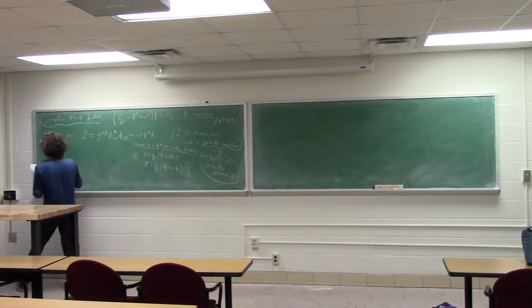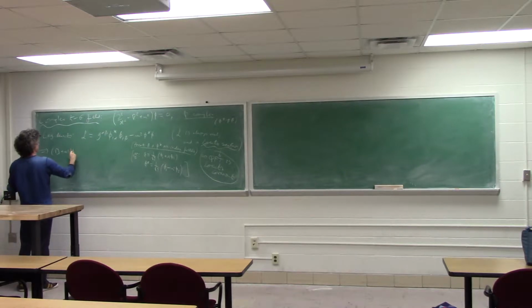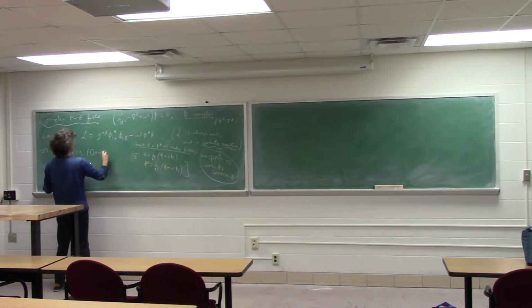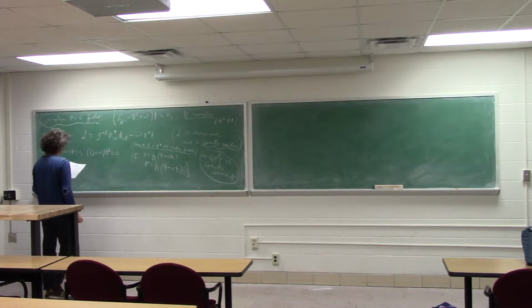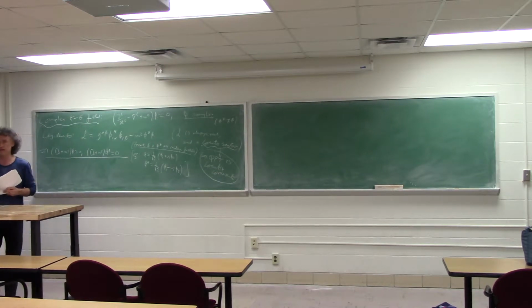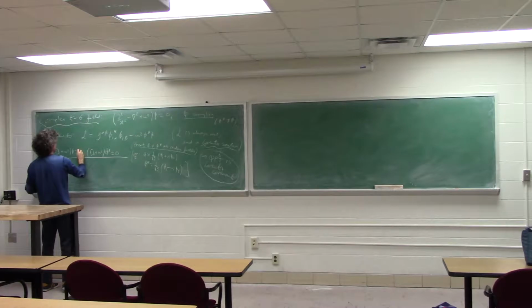All right, so if we treat phi and phi star as independent fields, we get two Klein-Gordon equations. Let's write it as box plus m squared phi is 0, and box plus m squared phi star is 0. There we go. You can check that the Lagrangian density gives you the Klein-Gordon equation for phi and phi star.